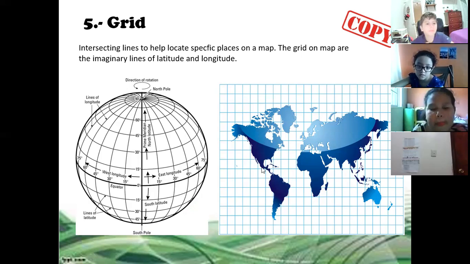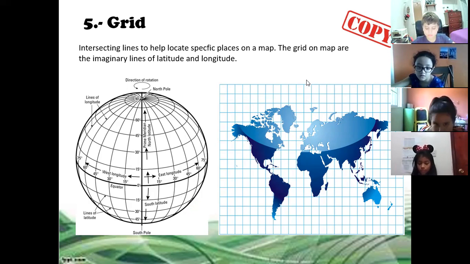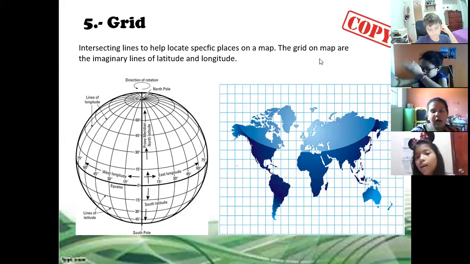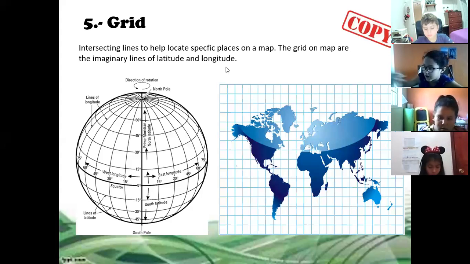The second worksheet you have as homework is about a grid. Grid, intersecting lines to help locate specific places on a map. The grid on a map are the imaginary lines of latitude and longitude.